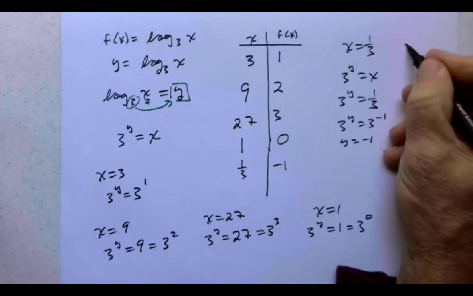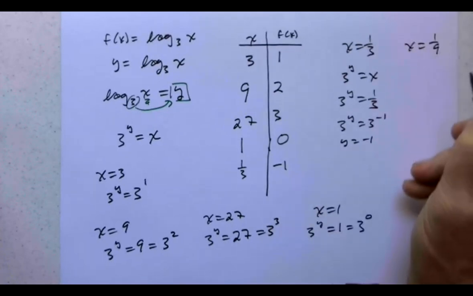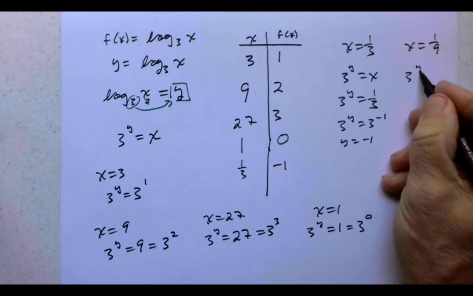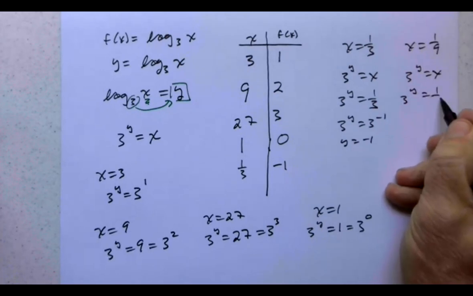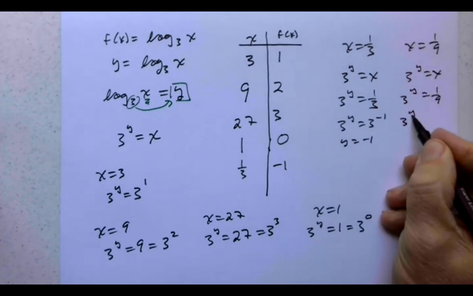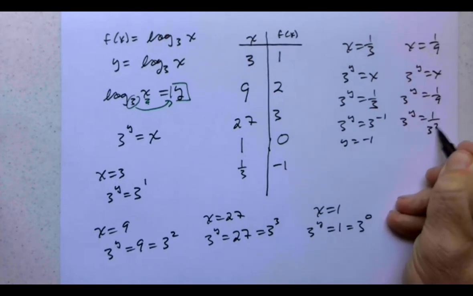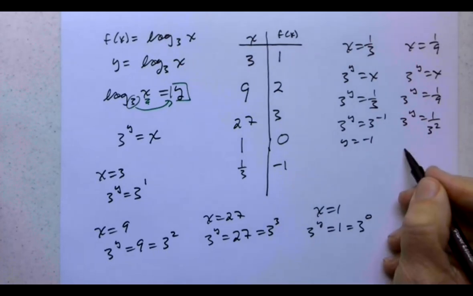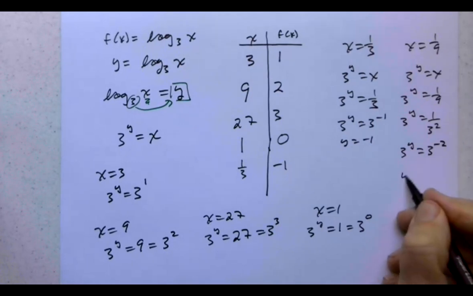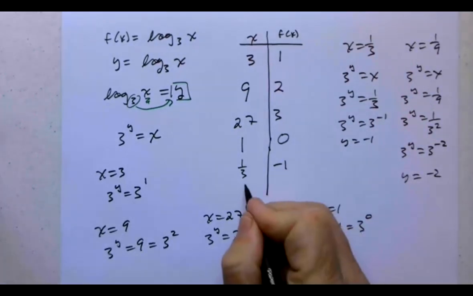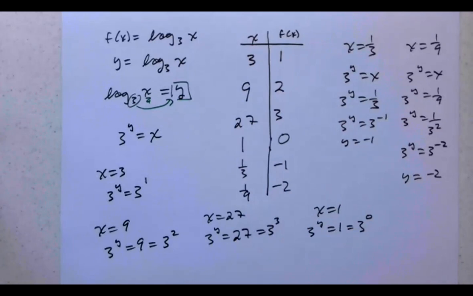And similarly, if x equals 1/9, 3 to the y equals 1/9. So 3 to the y equals 1 over 3 squared. 1 over 3 squared is 3 to the negative 2. 3 to the y equals 3 to the negative 2, so y equals negative 2 when x is 1/9. So we filled out that chart following the directions of the problem.